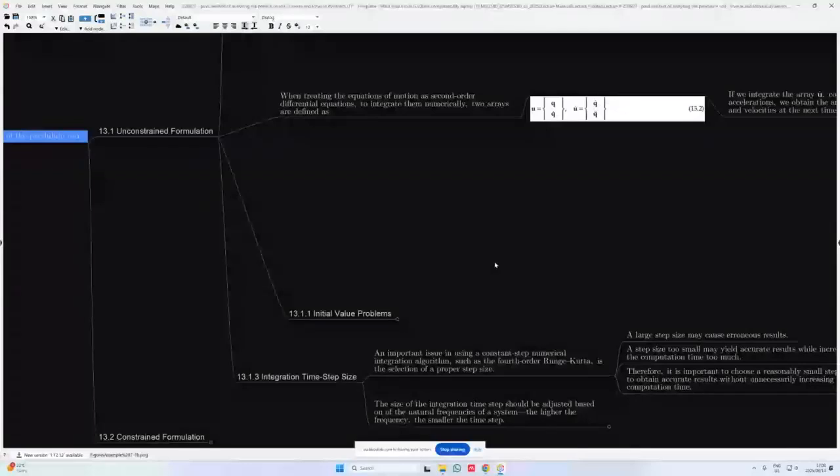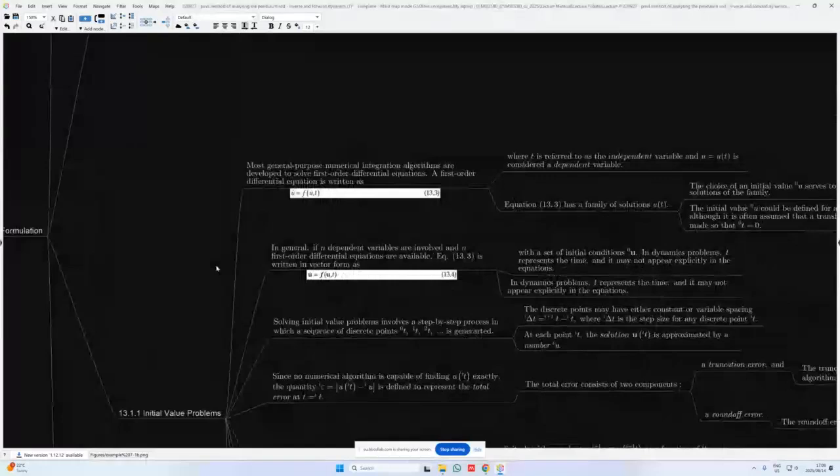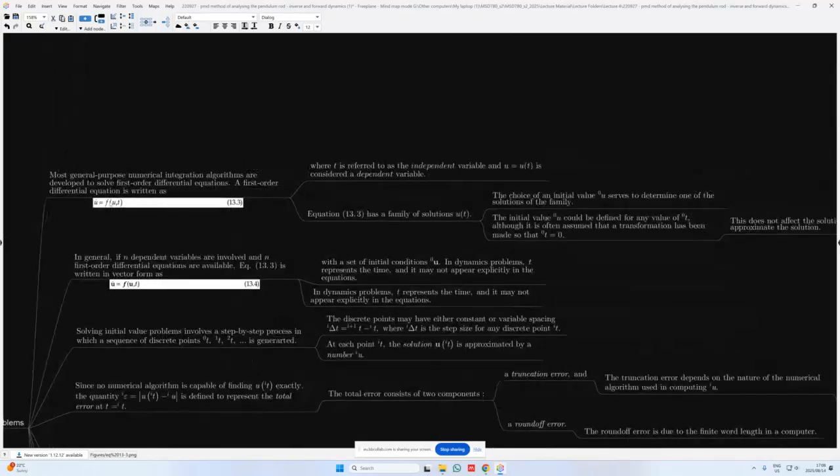With that in mind, we can then move over to the initial value problems. Most general numerical algorithms are developed to solve first-order differential equations. The first-order differential equation is simply written as u dot, which is a function of u and t. Considering all of these parameters, t is referred to as the independent variable, and u, which is a function of t, is considered the dependent variable because its value depends on the value of t.